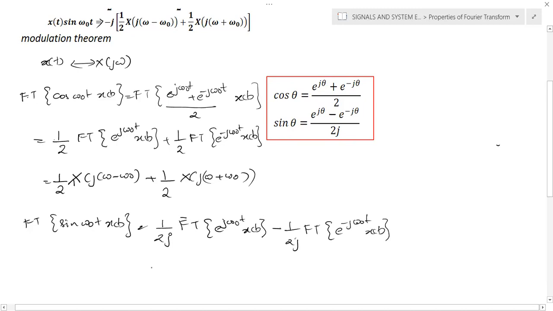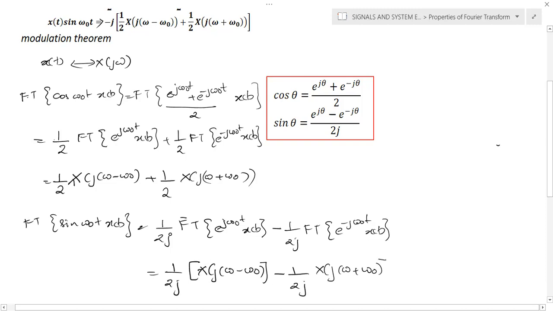If you apply the frequency shifting property and the linearity property, you can write 1 by 2j, x of j omega minus omega 0 as the first term, and the second term is minus 1 by 2j into x of j omega plus omega 0.